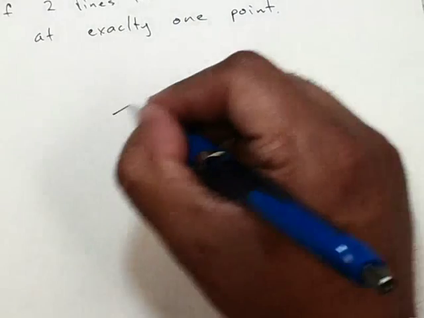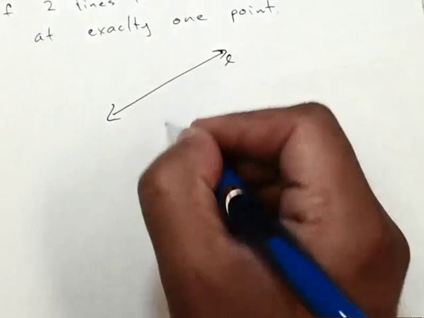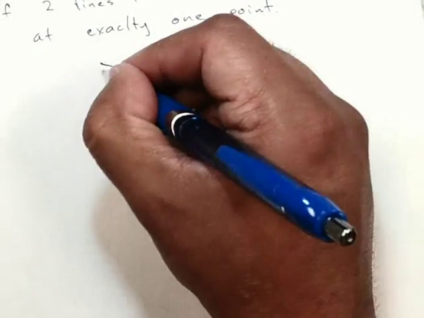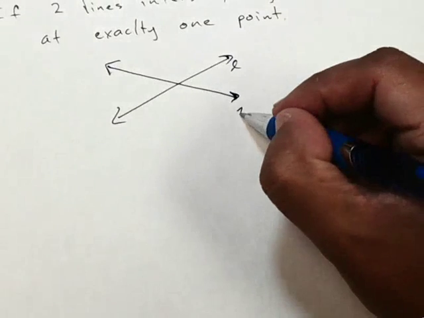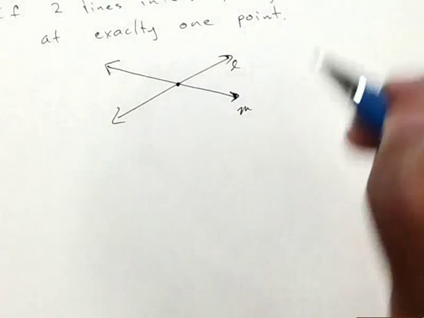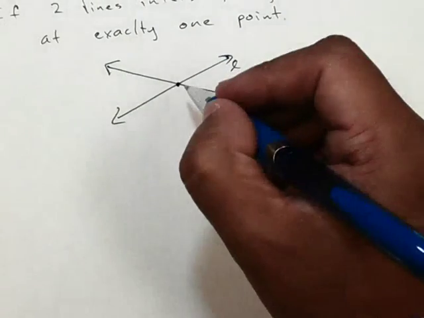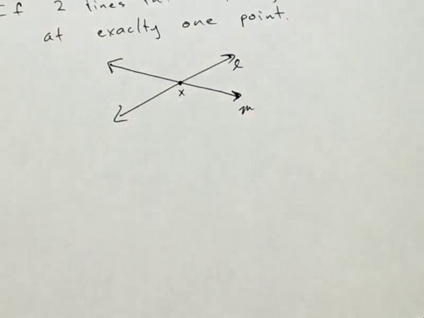Okay, so anytime you got a line, we'll call this line L. Let's say we got another line going this way, we'll call that line M. The intersection would be just 1 point, and that could be just point X, if you want to call it that.